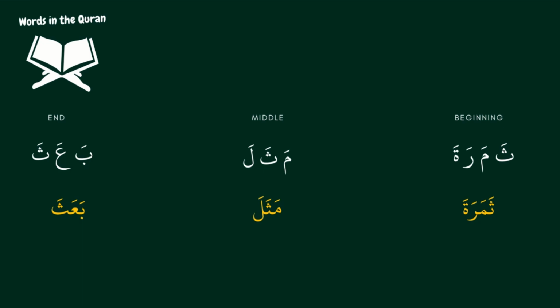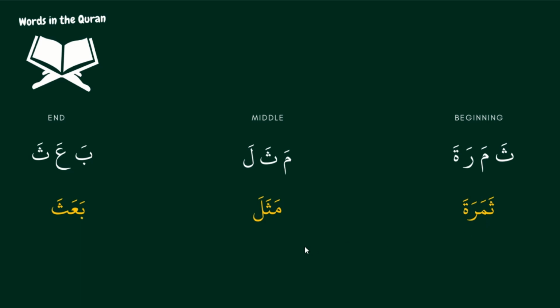So if you notice, ba, ta, and tha look similar in shape, except that ba has a dot below and ta has 2 dots on top, whereas tha has 3 dots on top. But when it's joined, the ta or ba or tha look a little bit similar except for the dots.